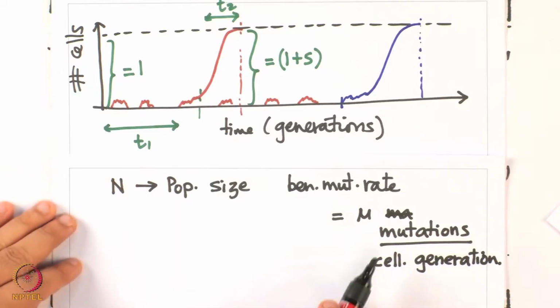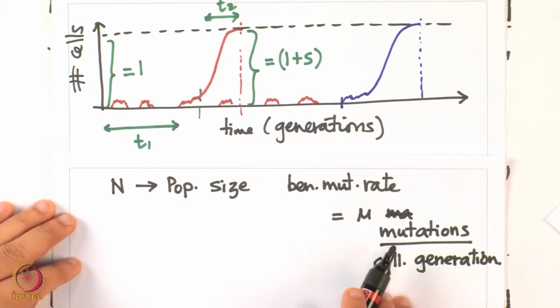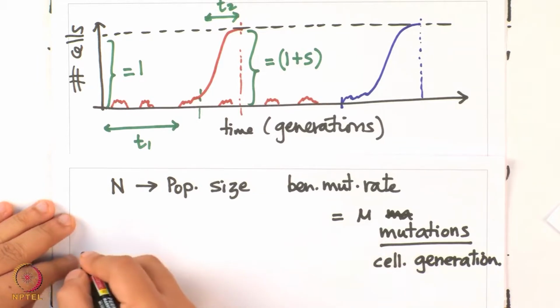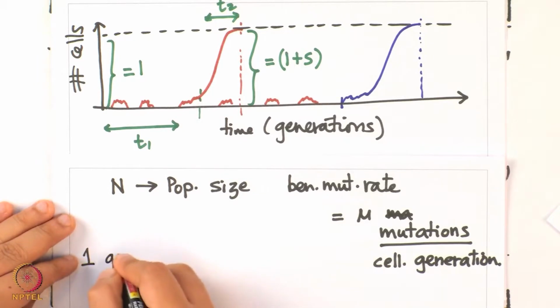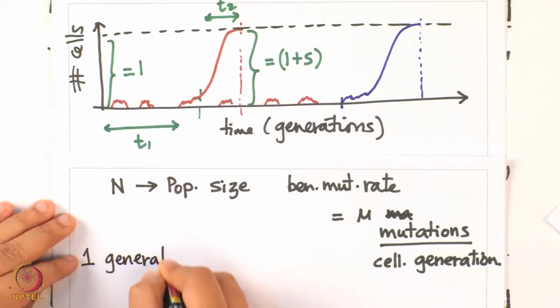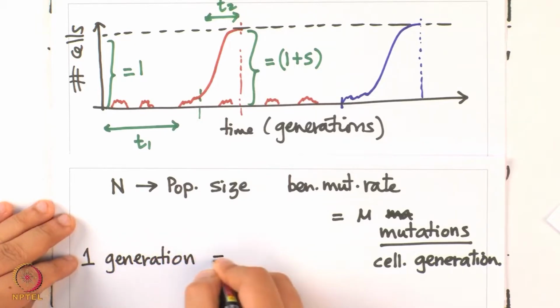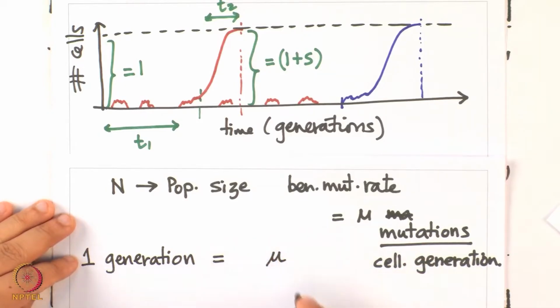What that means is that every time one cell divides once, which is one cell, one generation, the likelihood that a mutation arises is mu, which means in one generation if there was one cell dividing, you have mu mutations occurring in the population.